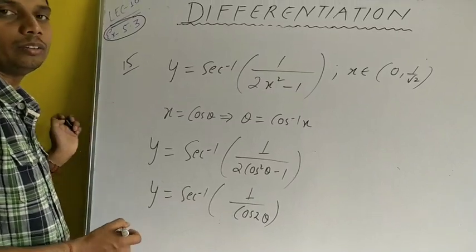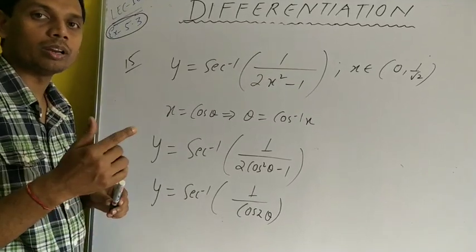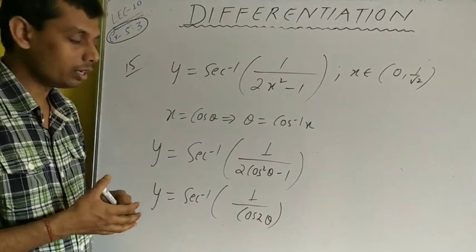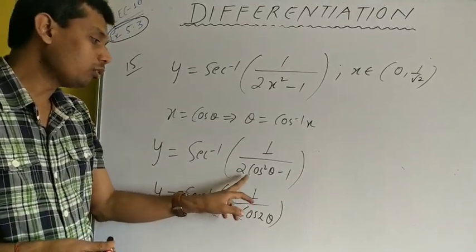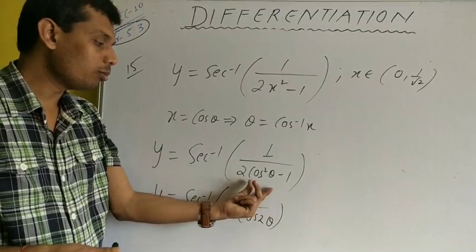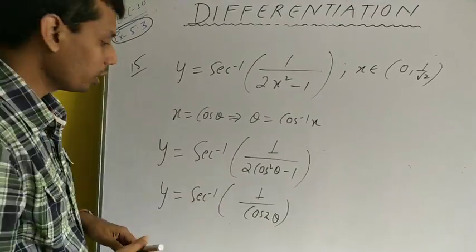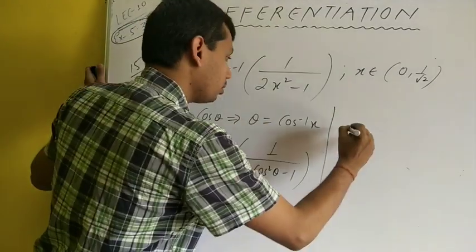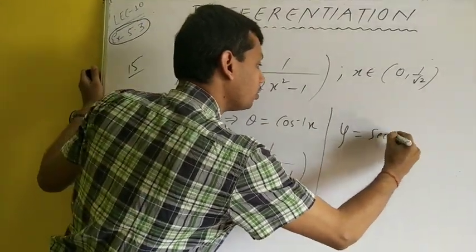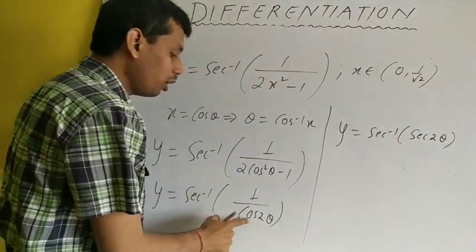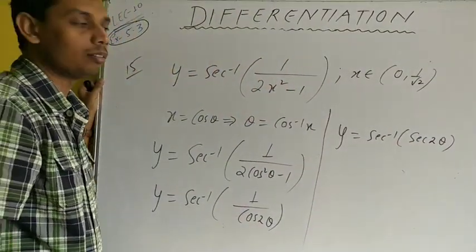Cos 2 theta is equal to twice of cos square theta minus 1, or 1 minus twice of sin square theta, or cos square theta minus sin square theta. So twice of cos square theta minus 1 can be replaced by cos 2 theta by the trigonometrical formula. Now here y is equal to sec inverse sec 2 theta, since 1 by cos 2 theta can be written as sec 2 theta.